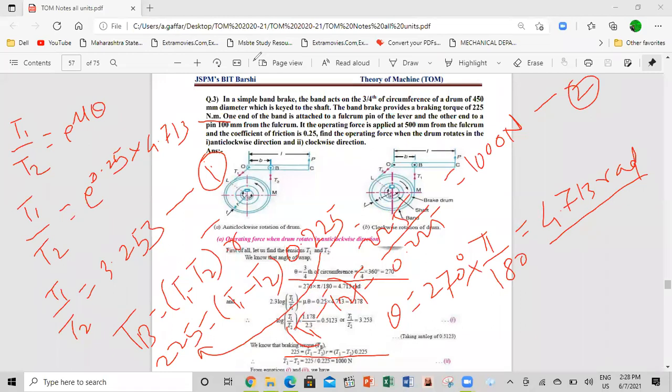So we know the formula for anti-clockwise direction. Tell me what is the formula to find the effort, or to find the tension T1 or T2? What is the formula for anti-clockwise direction?